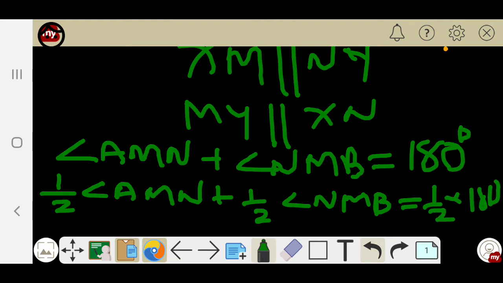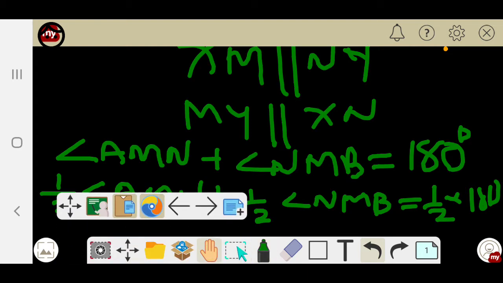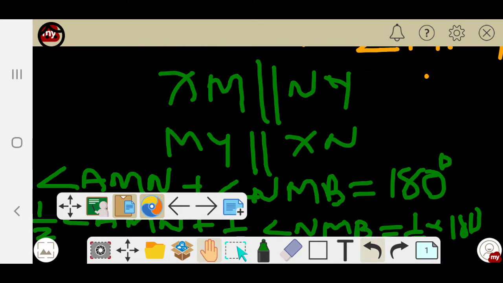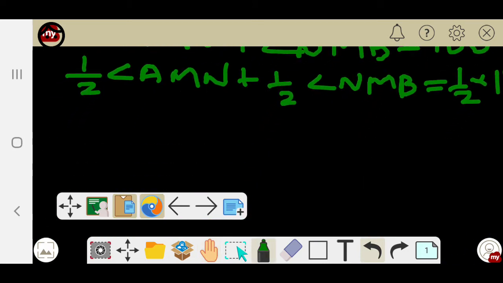What is half of AMN from the figure? Half of angle AMN is XMN. So this is angle XMN plus, what is half of NMB?